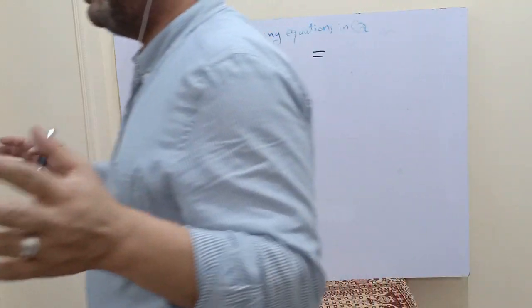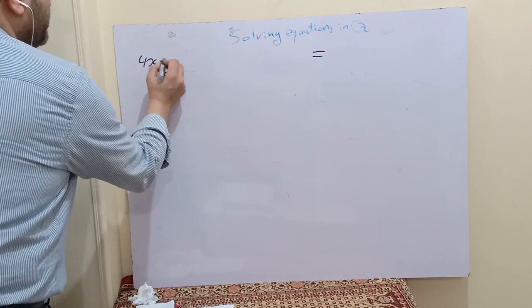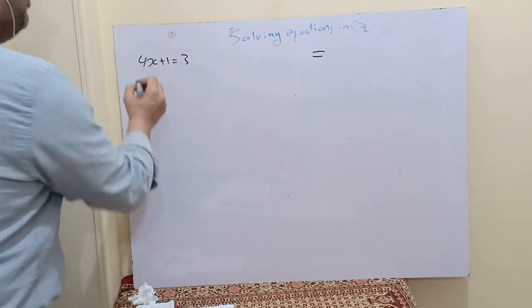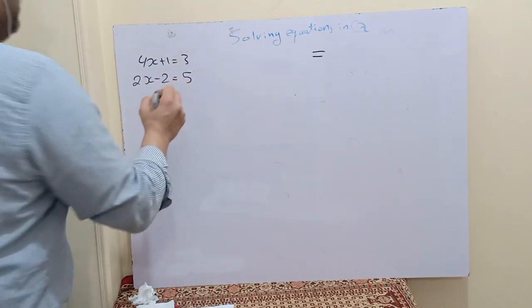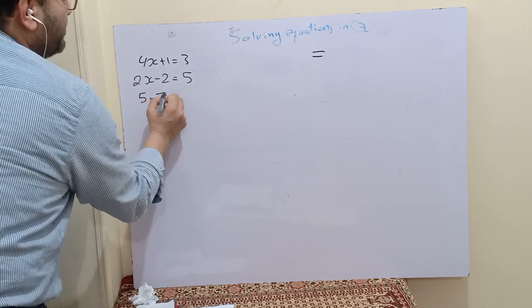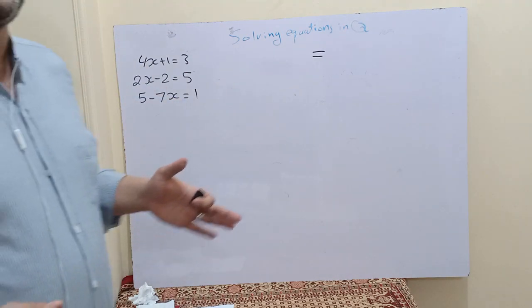Some examples of equations we can write: 4x + 1 = 3, 2x - 2 = 5, 5 - 7x = 1, and so on.